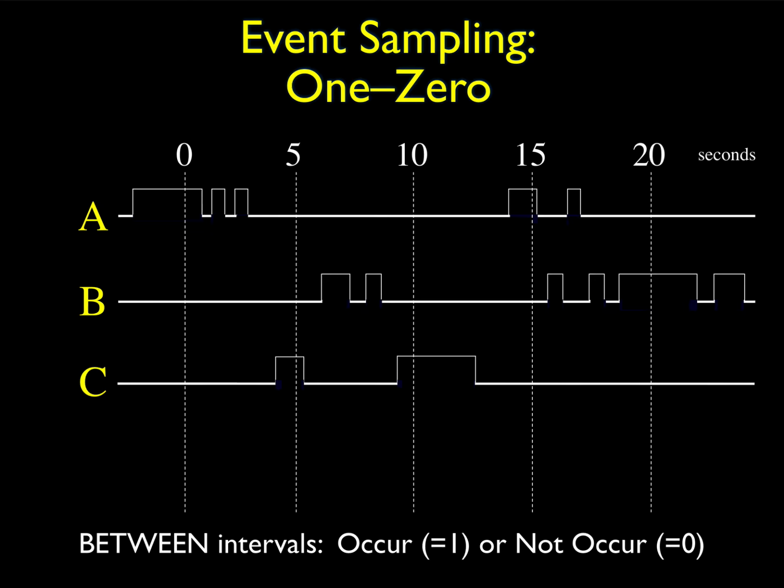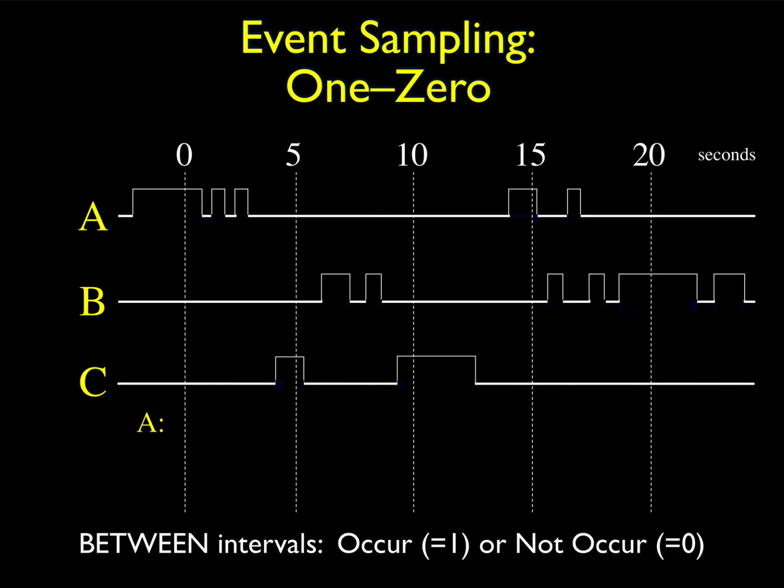Now let's look at the actual sampling techniques from the complete record. The first one is called 1-0. So with 1-0 sampling, you're going to look between each interval, between 0 and 5 seconds, between 5 and 10, between 10 and 15, etc., and assign a 1 to each behavior if it occurred, or a 0 if it didn't. So let's do that.